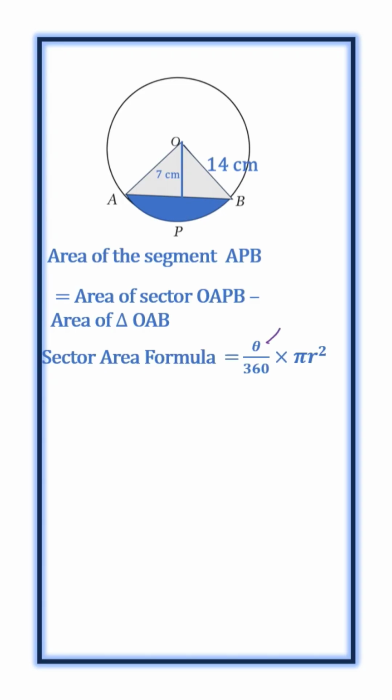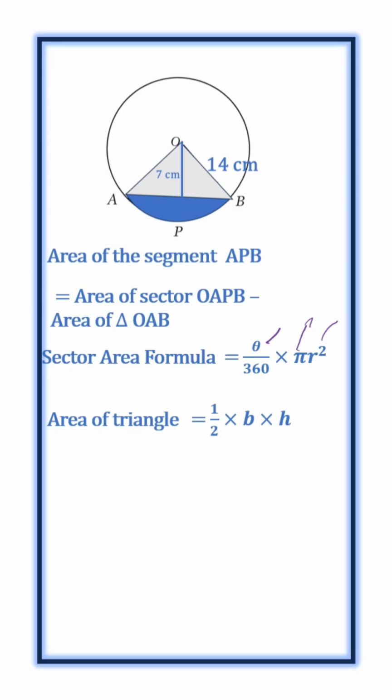We can take pi as 22 by 7, since 14 is cancelled by 7. Area of the triangle is half into base into height. Height is OD, that is 7 cm. Base is AB. We don't know the value of AB, we have to find it.